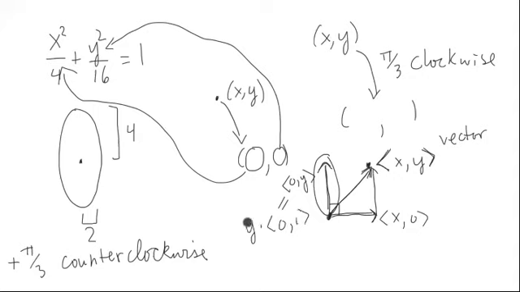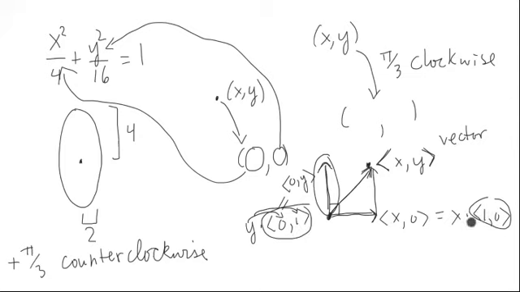This simply means that y multiplies into each respective component. And similarly, this is just x times 1, 0. So really what we're going to do is rotate 1, 0 and 0, 1 clockwise by pi thirds.